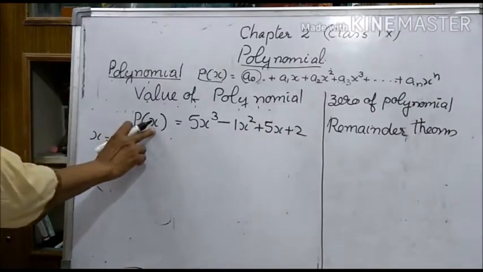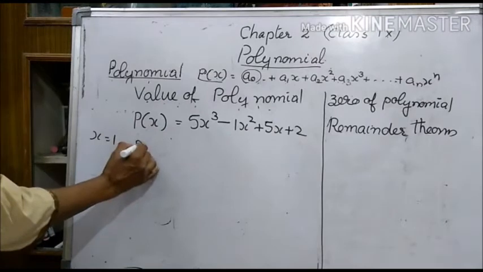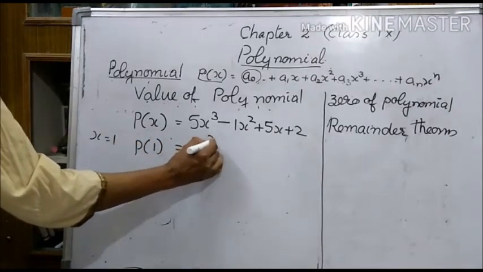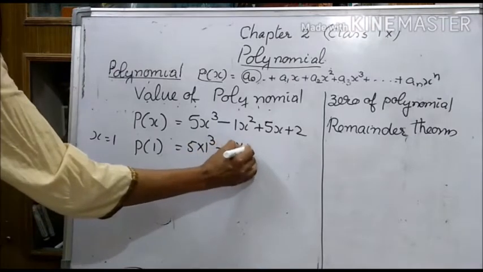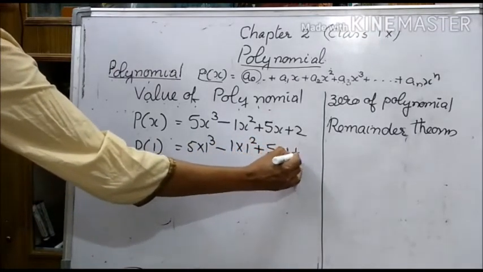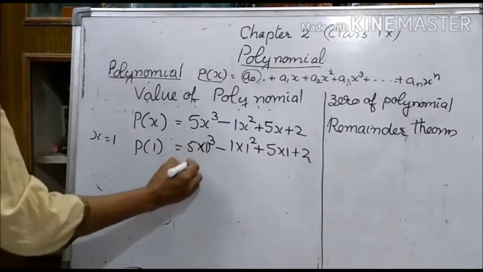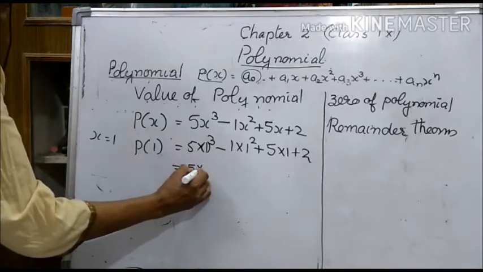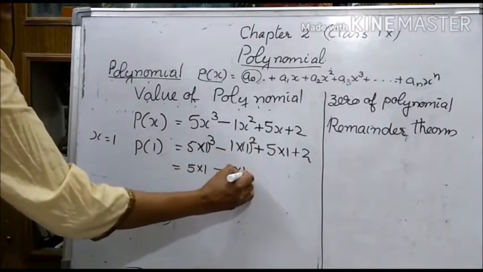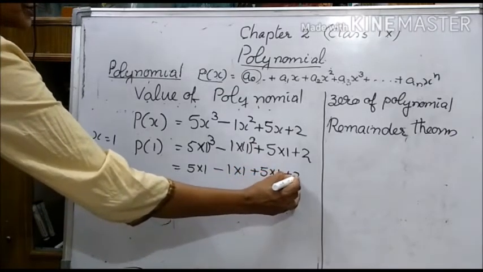That means in the place of x we substitute 1. That is p of 1 equal to 5 into 1 cube minus 1 into 1 square plus 5 into 1 plus 2. 1 cube is 1, so 5 into 1 minus 1 into 1 square, which is 1, plus 5 into 1 plus 2.